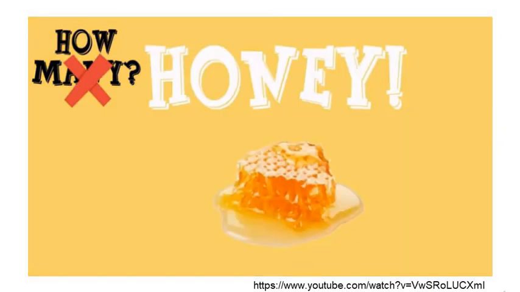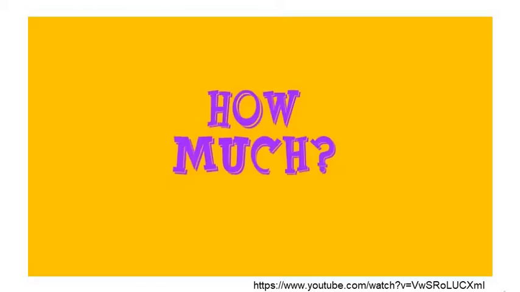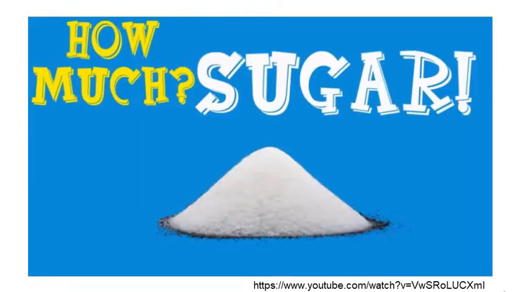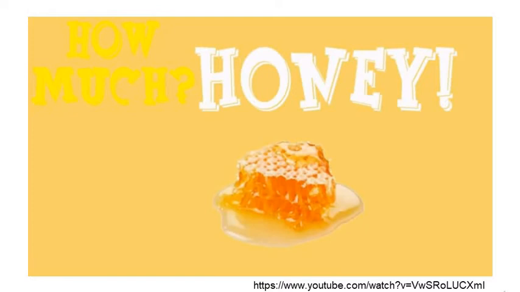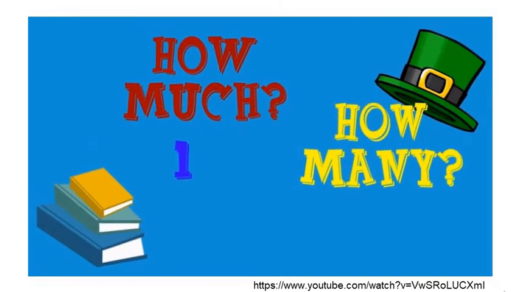Honey, I hear you saying no, I can't. So you make the question with how much? How much love do you feel? How much sugar do you put? How much honey do you eat? How much money do you spend? Are the questions that depend. That's the way this lesson ends.